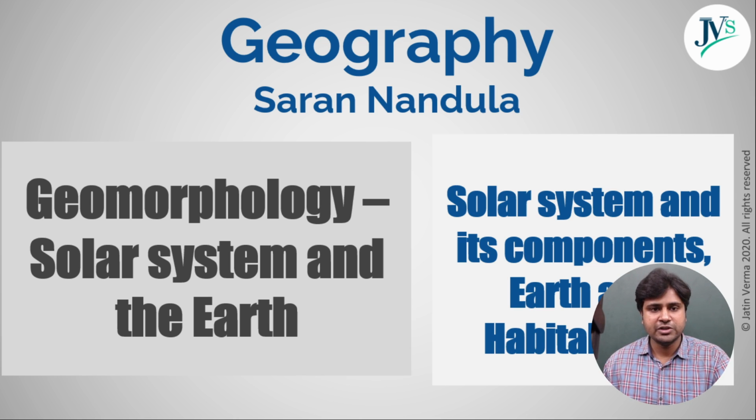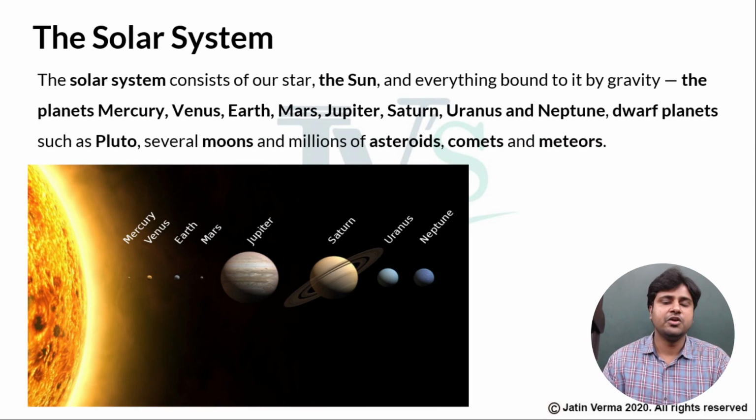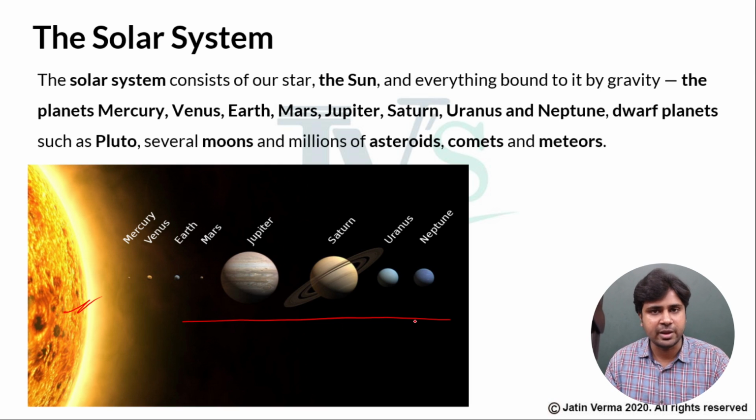First we'll go very slow, and then slowly we'll pick up the pace. Let us start with the definition of solar system. The solar system consists of our star, the sun, and everything that is bound to the sun by its gravity. First we have the 8 planets: Mercury, Venus, Earth, Mars, Jupiter, Saturn, Uranus, and Neptune.